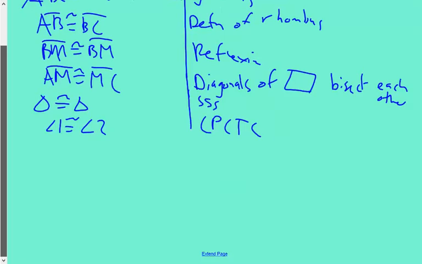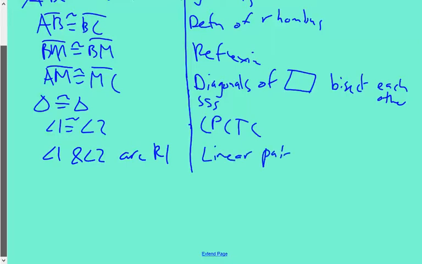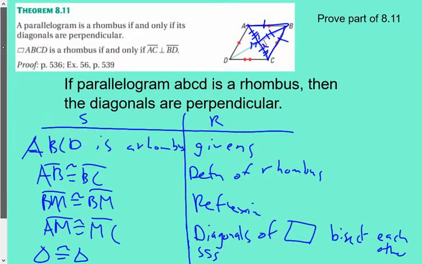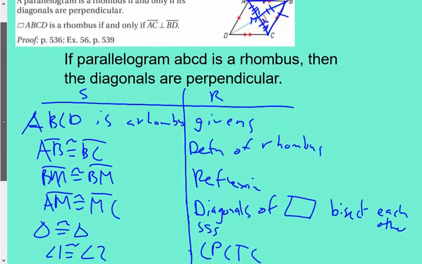And then I'll say that angle 1 and angle 2 are right, by linear pair plus congruent. Probably not the most technical reason there, but I'm trying to keep this proof from getting extravagant. Okay, and since they're right, that makes AC perpendicular to BD. And that's it.